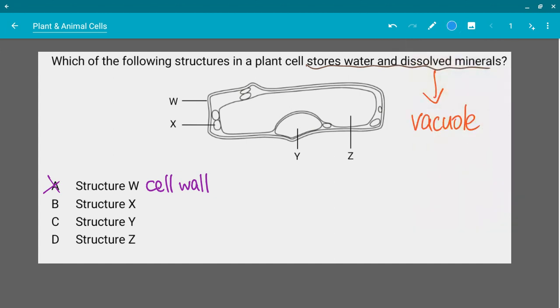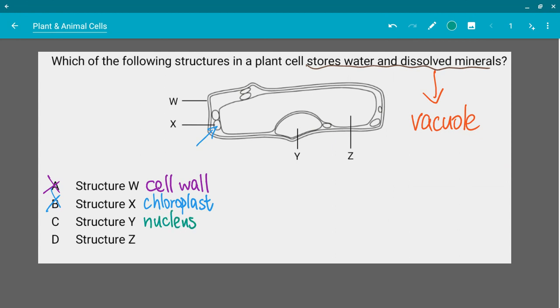What is structure X? So it's over here. This is the chloroplast. So option B is also wrong. So let's look at structure Y. What is structure Y? It is the nucleus. Yes.